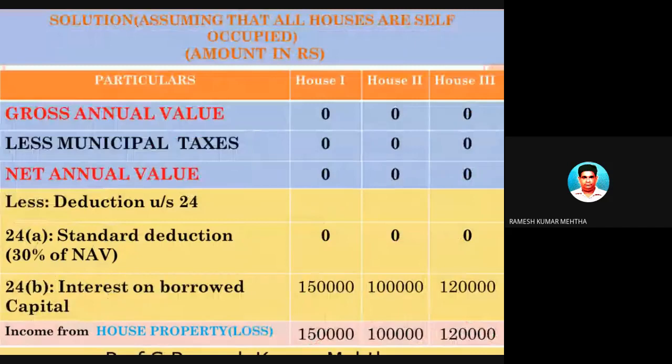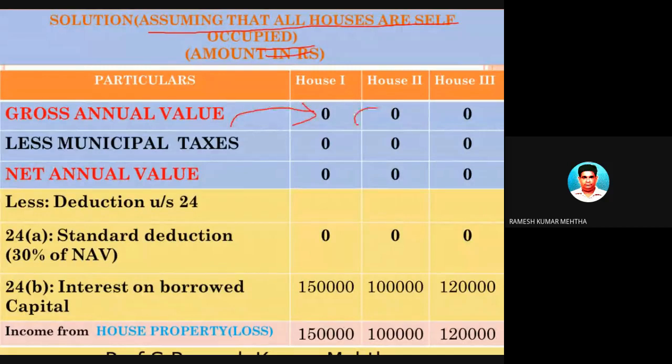The first step is you are assuming that the house properties are let out and you are finding out income from the house property. Now the second step is you have to assume that the house properties are self-occupied. I told you that if it is self-occupied, the gross annual value of such house properties is nil.